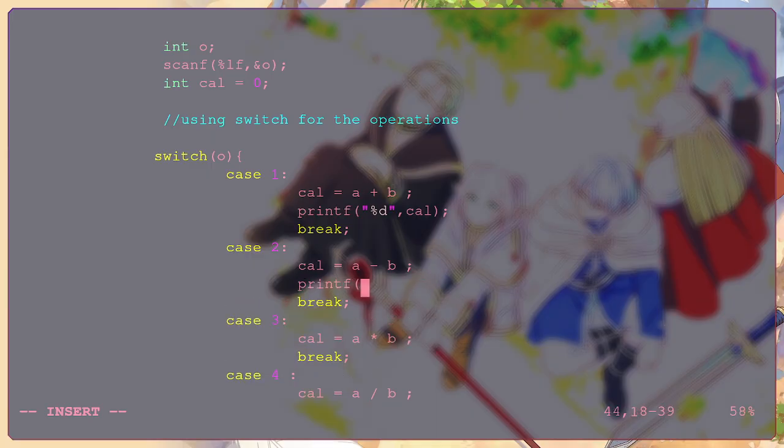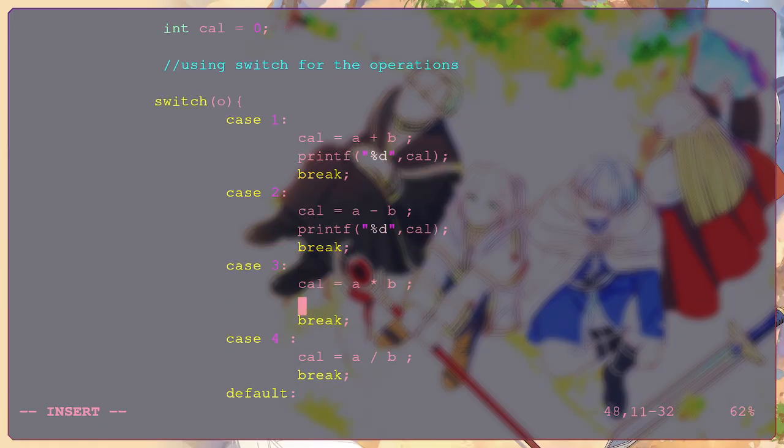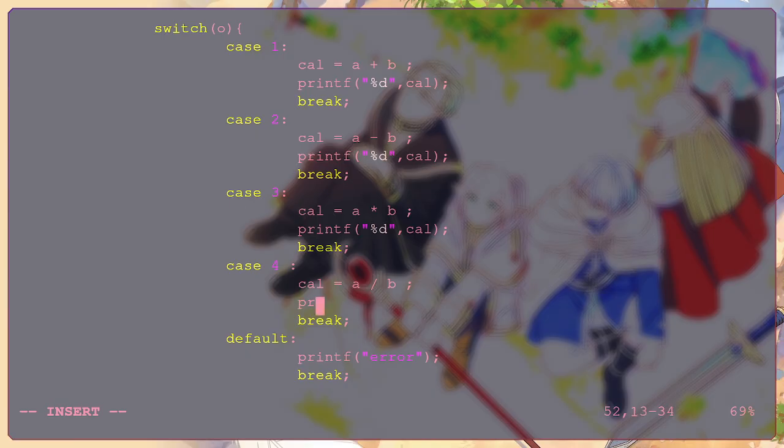printf %d, comma cal. printf %d, comma cal. printf %d, comma cal. printf %d, comma cal.